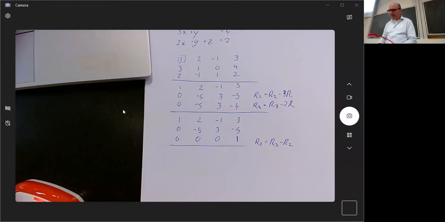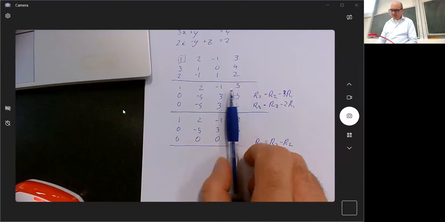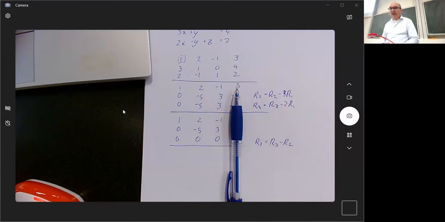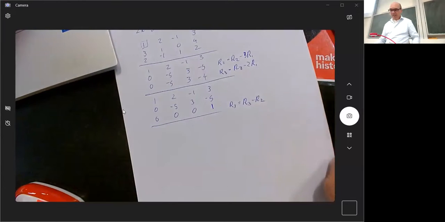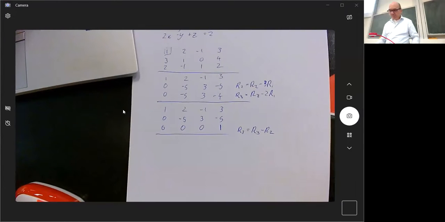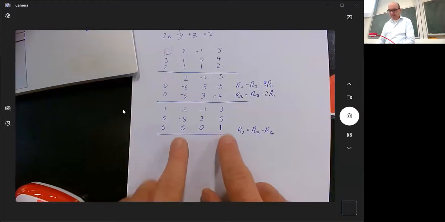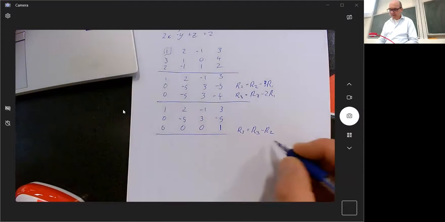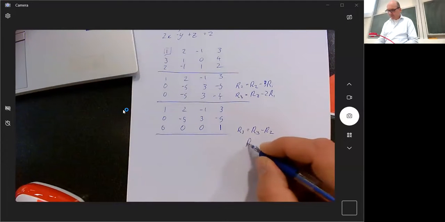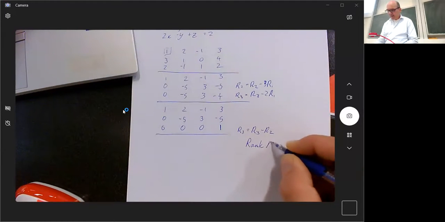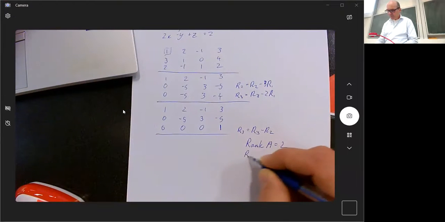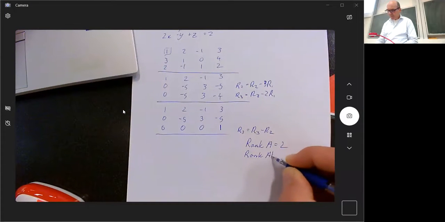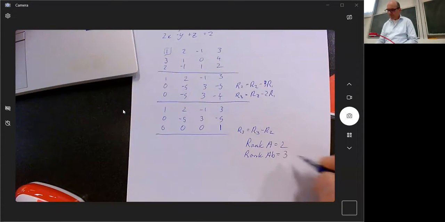That is already telling me that the rank of my A is 2. The rank of my augmented system AB is, we can see, going to be 3. So rank A is equal to 2, rank AB is equal to 3.